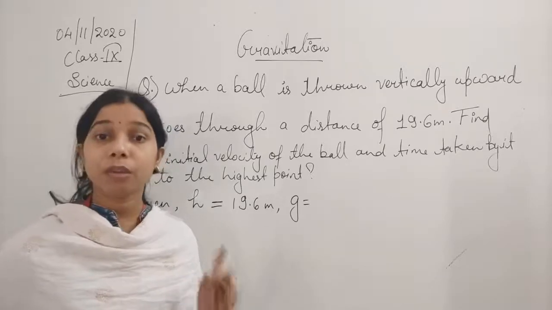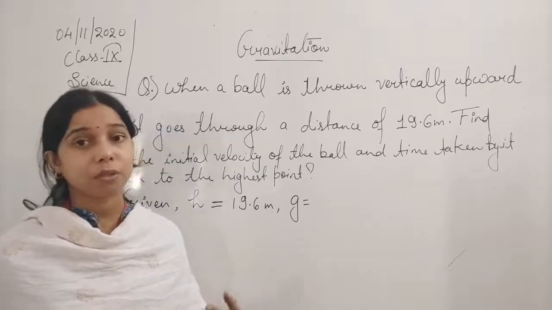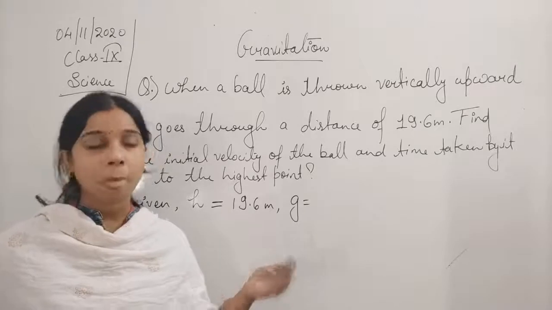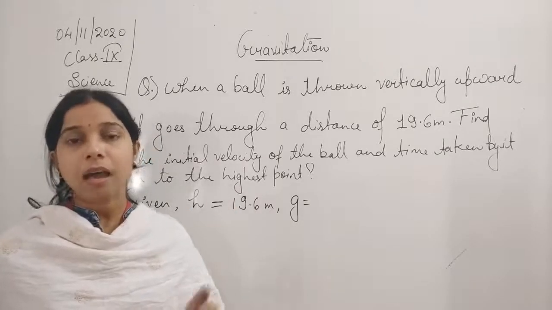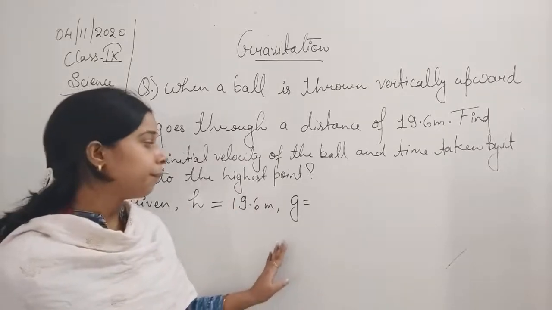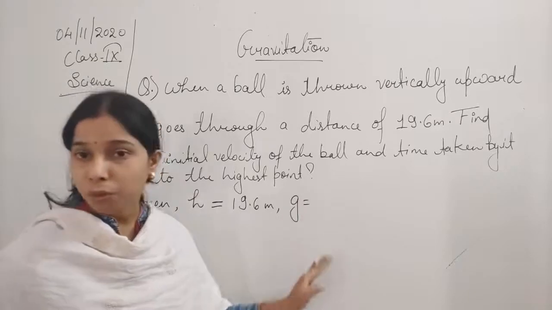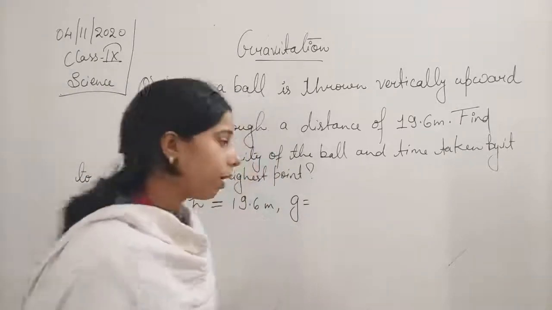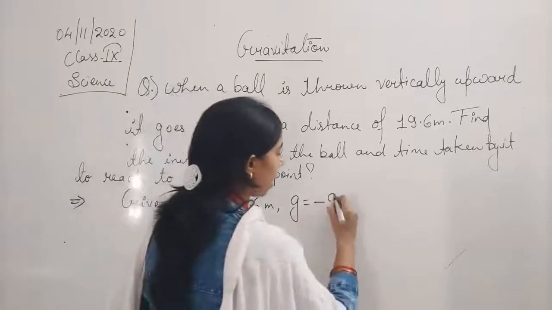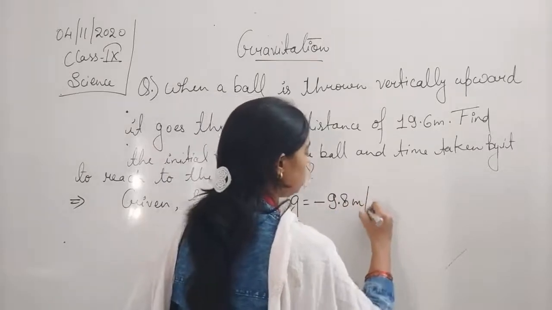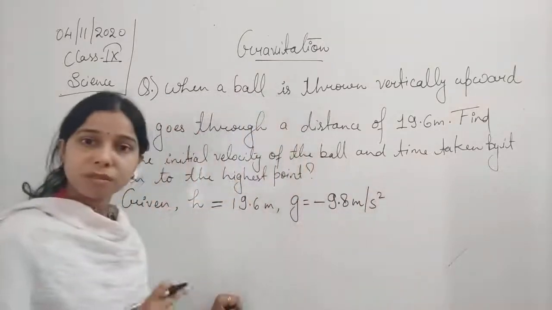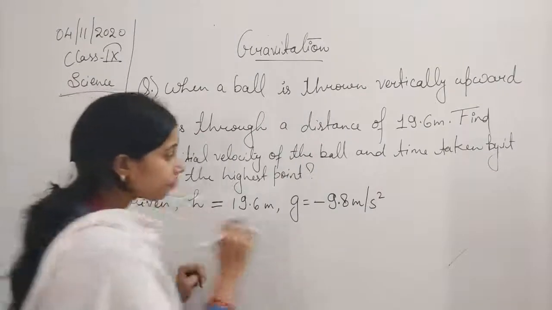So we have seen in the rules also that if we throw things in the upward direction, velocity keeps on decreasing, and thus we can say that the value of g will be negative. Okay, so we will write here, it will be minus 9.8 meter per second square. This is the value of g here.